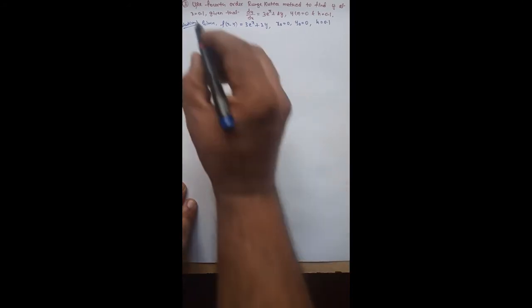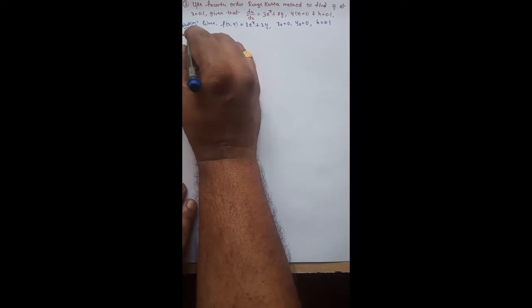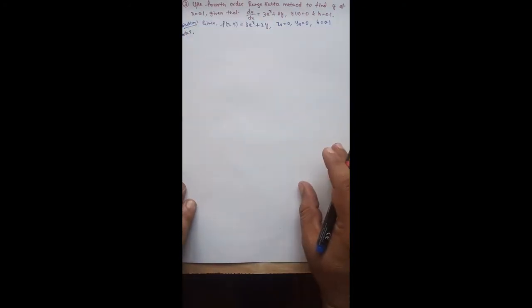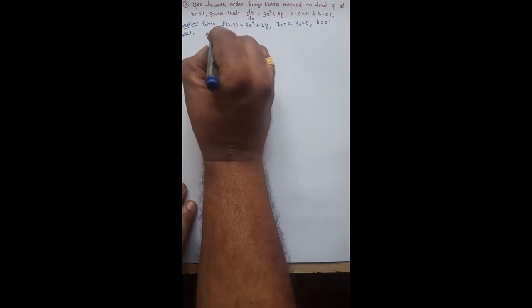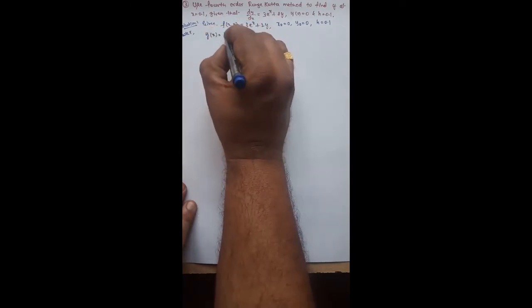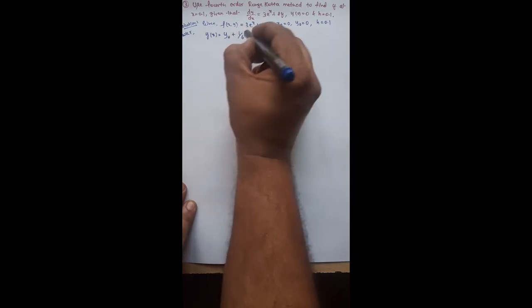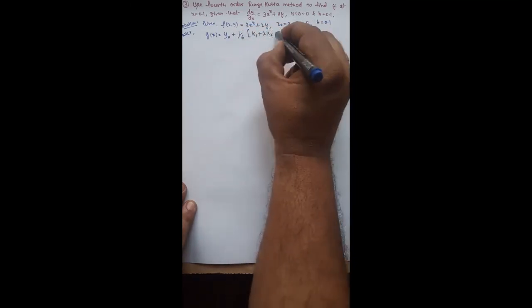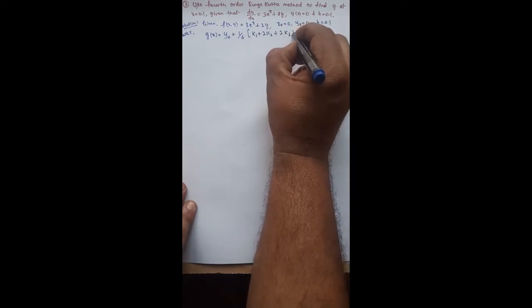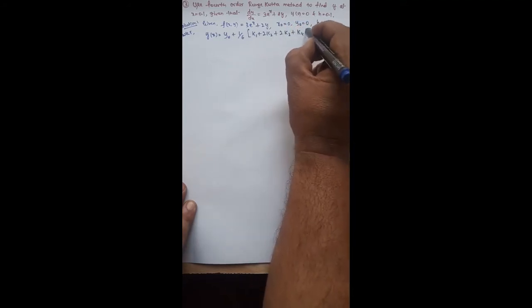So we know that the approximate solution of an IVP in case of fourth order Runge-Kutta method can be obtained by a formula y of x equals y naught plus 1 by 6 into k1 plus 2k2 plus 2k3 plus k4.